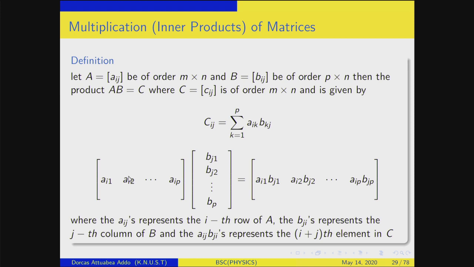So we are saying that the a_j's represent the ith row of A, and this represents the jth column of B, and the b_ji's represent the elements in C. So that is what I was explaining here. So this plus that, this plus that. So at the end of the day, if it's just a row and column, the product is just going to give you a single number.